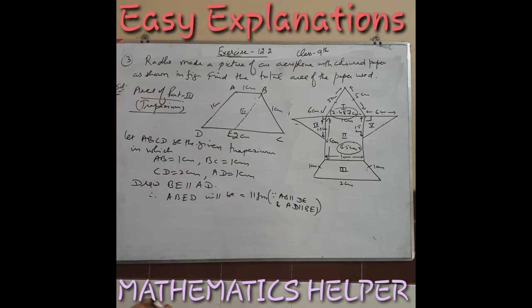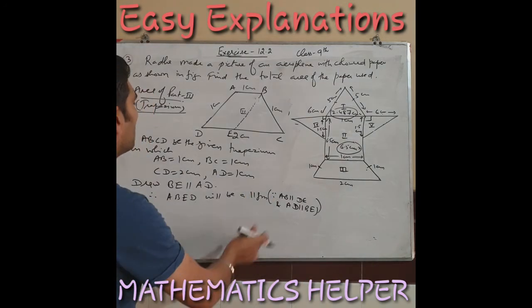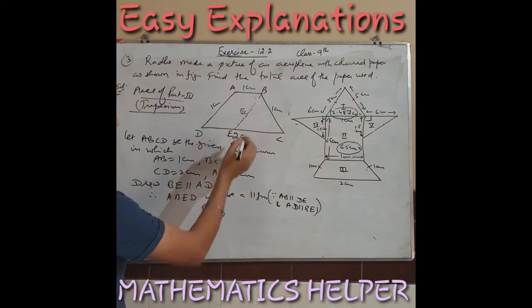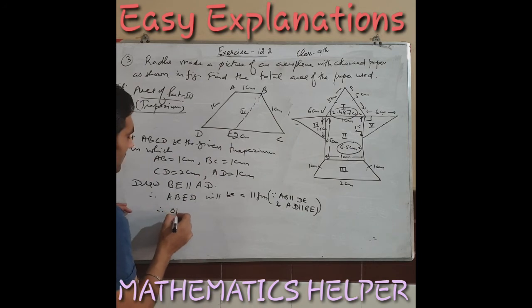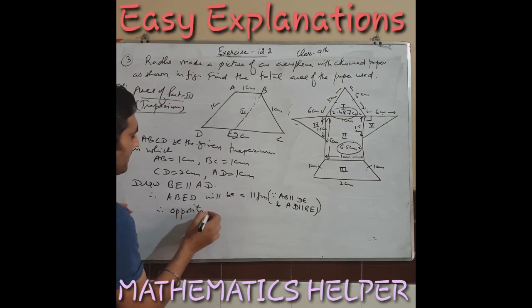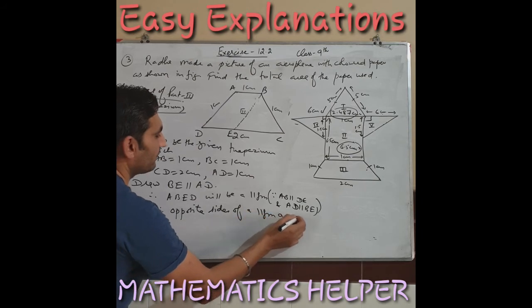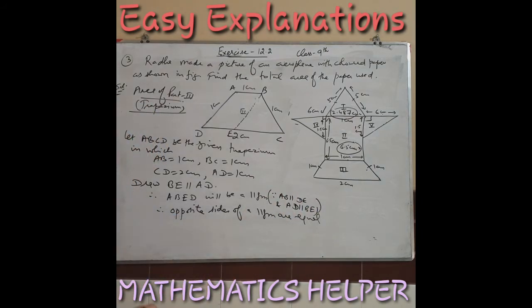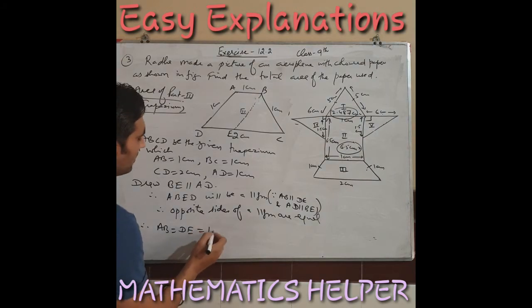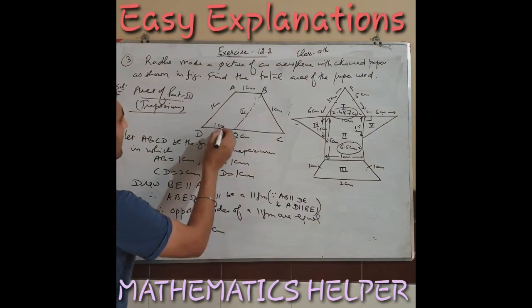Otherwise no need, it is a parallelogram, because we are not going to write about geometry's work here, we are going to solve it. So, if it is a parallelogram, opposite sides of a parallelogram are equal. We can say AB equal to DE, each equal to 1 centimeter.